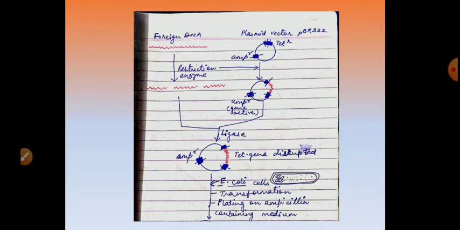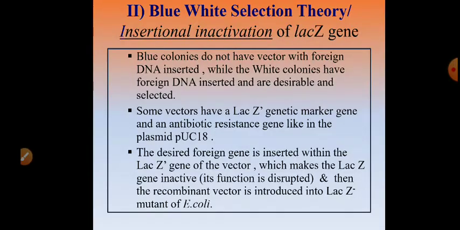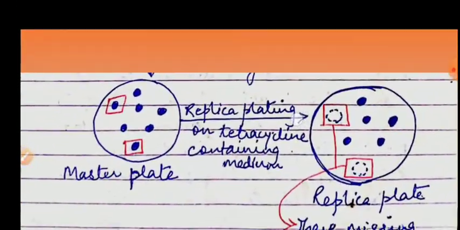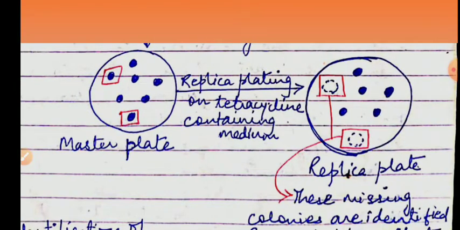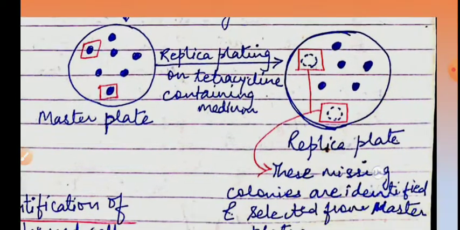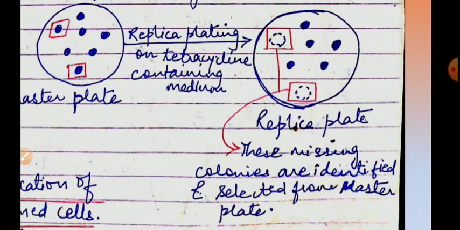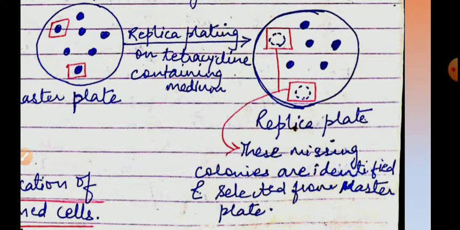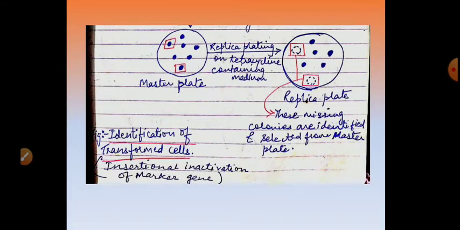This is the master plate with ampicillin. We can see so many colonies; replica plate them on tetracycline containing medium and see which colonies are absent. The colonies absent in tetracycline containing medium but present in ampicillin containing medium are those formed by desired clones having recombinant vector.